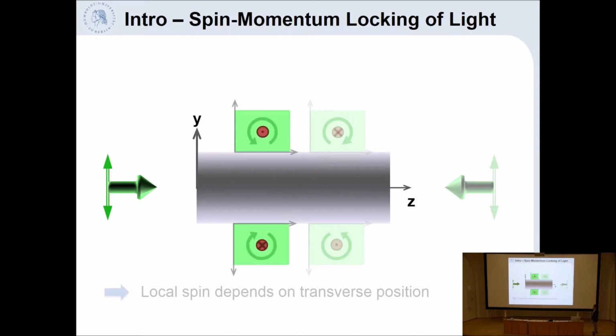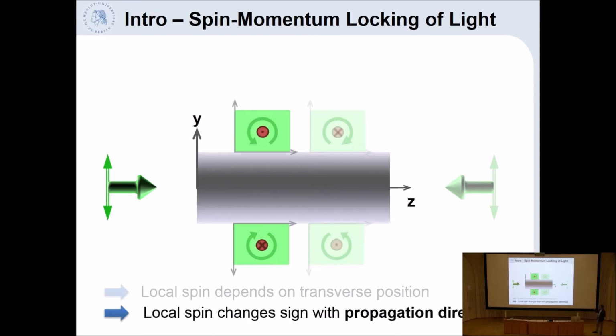So this means that the local spin, this transverse spin of light, changes sign with the direction of propagation. So the spin of the light field and its linear momentum are no longer independent quantities, but they are one-to-one locked. One also speaks about spin-momentum locking of light in this context.